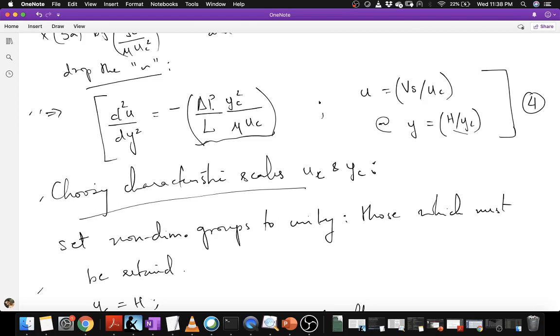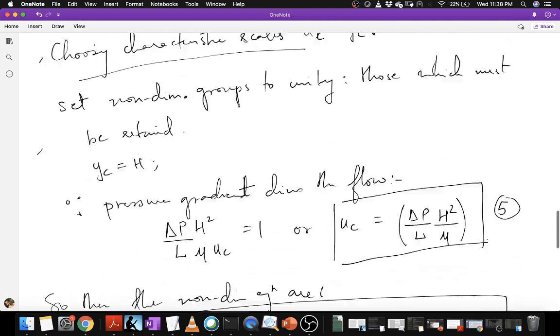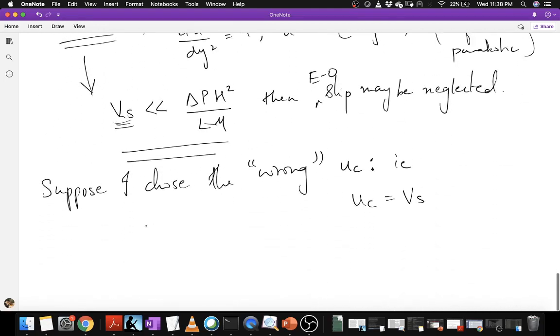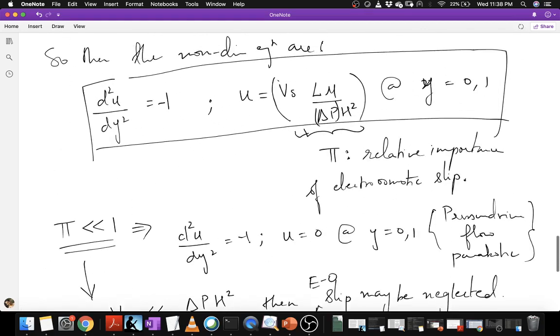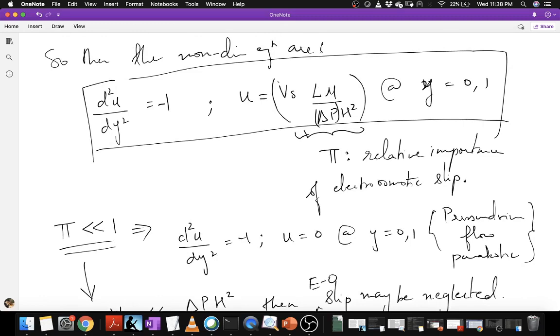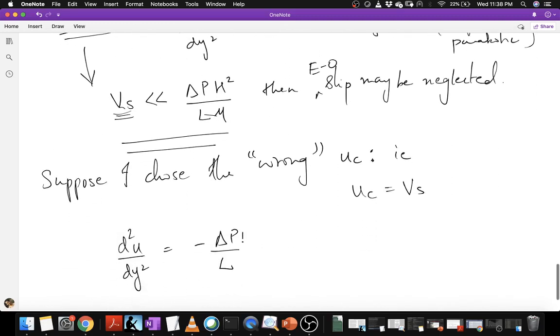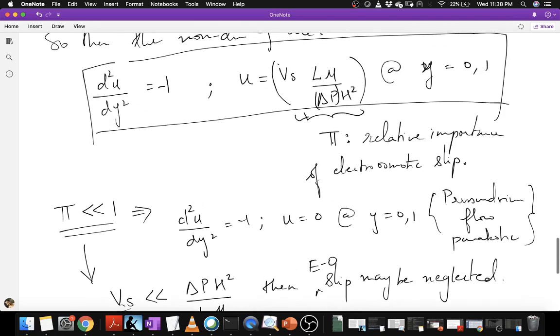So this will be delta P over L squared by mu Vs, minus delta P over L. Yes, but this is nothing but 1 over the old pi that I have.